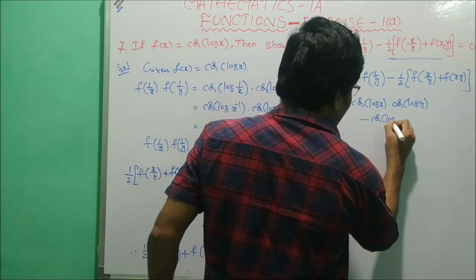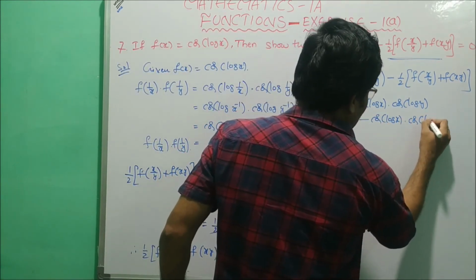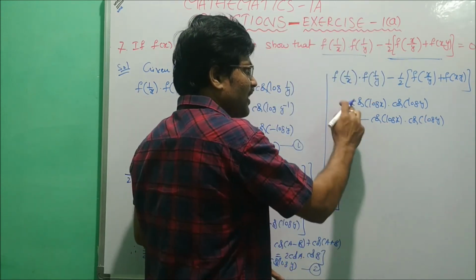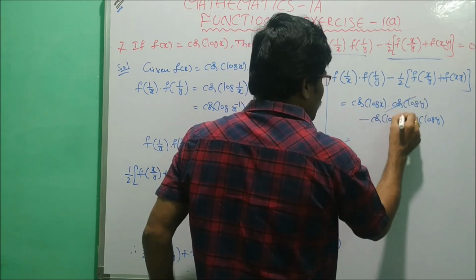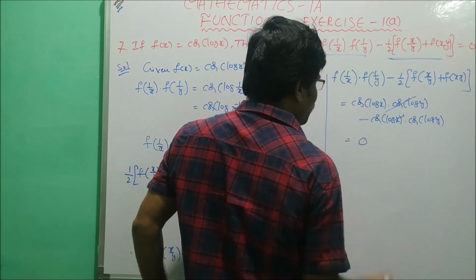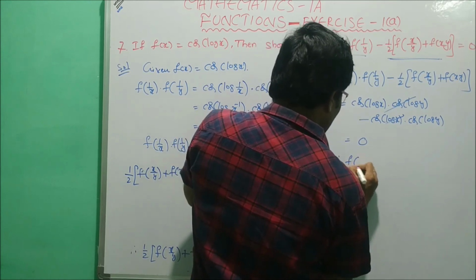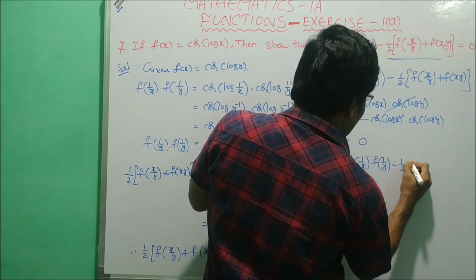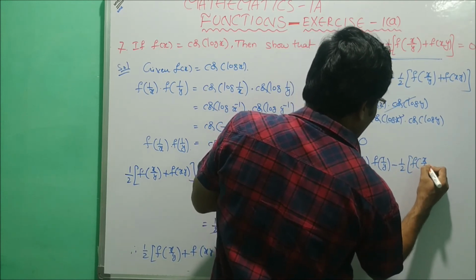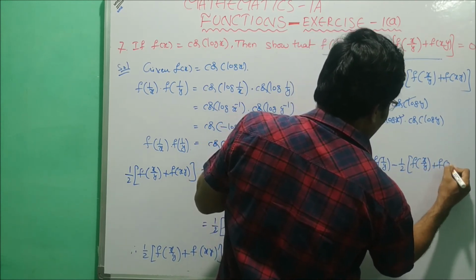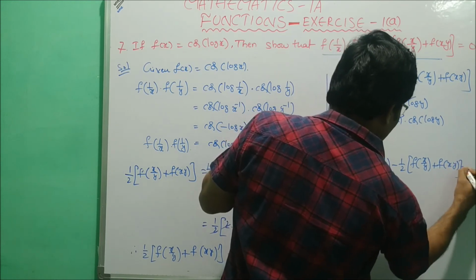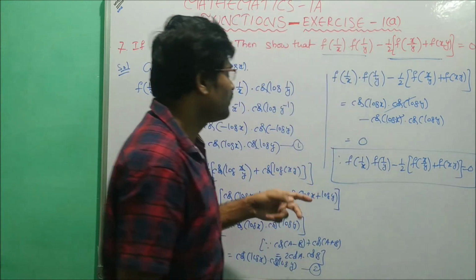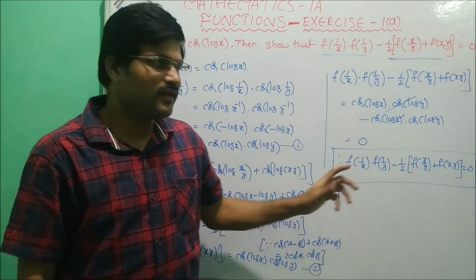Now we observe these values are the same but the signs are different. Therefore these cancel. The final value is 0. Therefore f(1/x) into f(1/y) minus 1/2 into [f(x/y) plus f(xy)] equals 0. This is the condition, which is the solution for this sum.